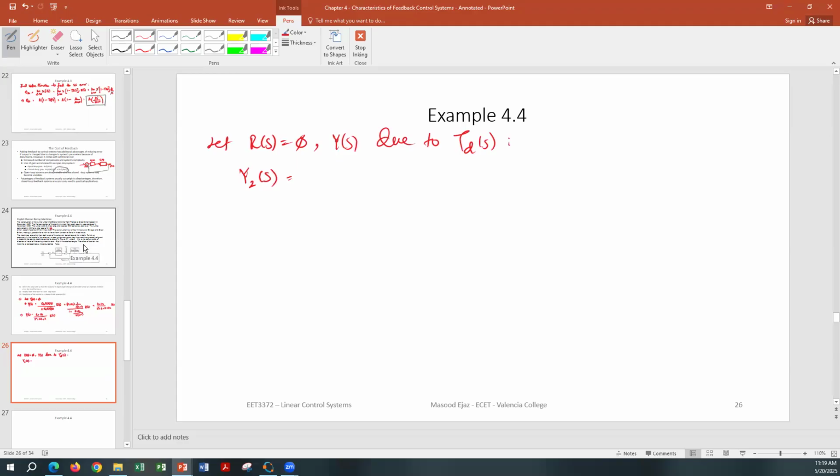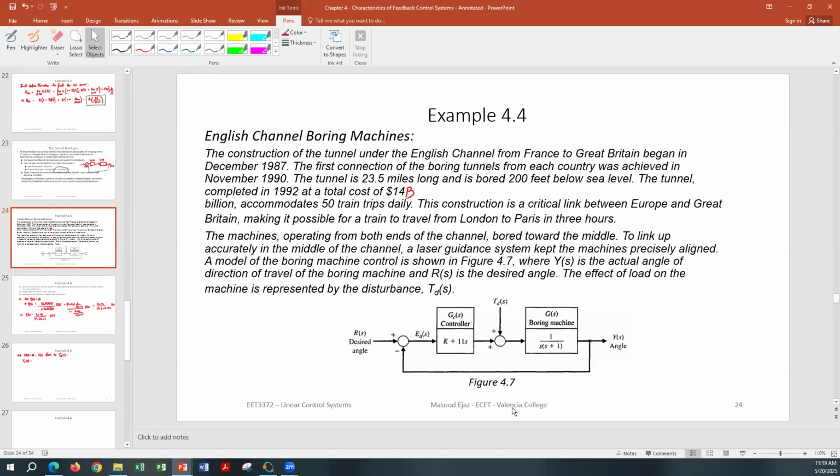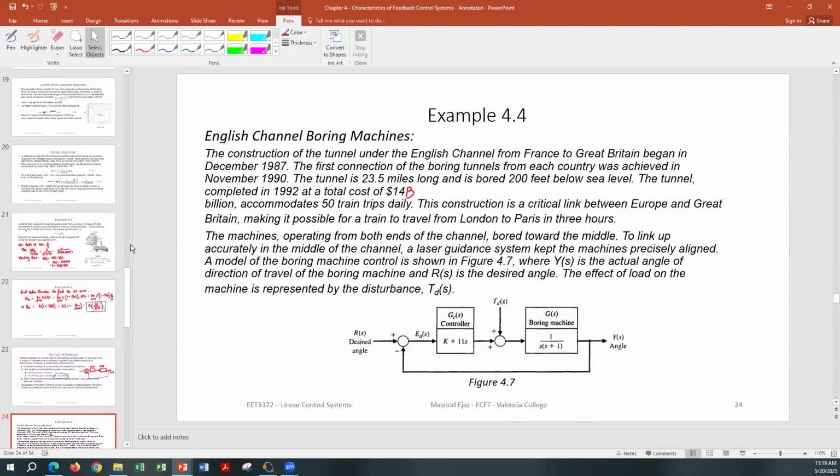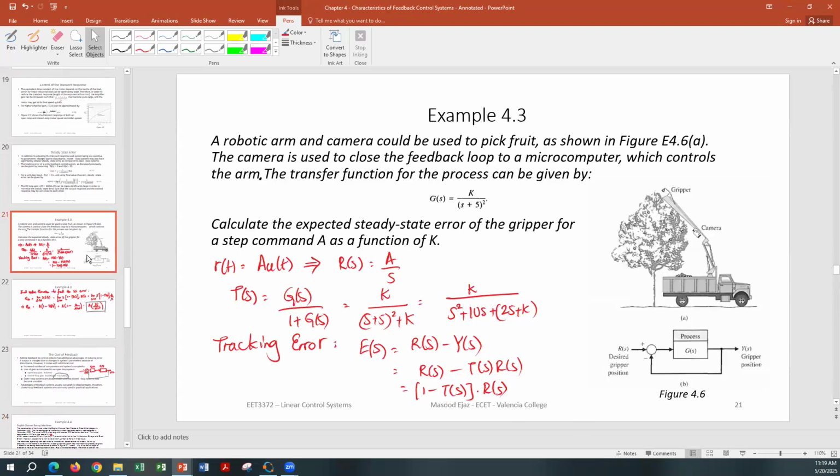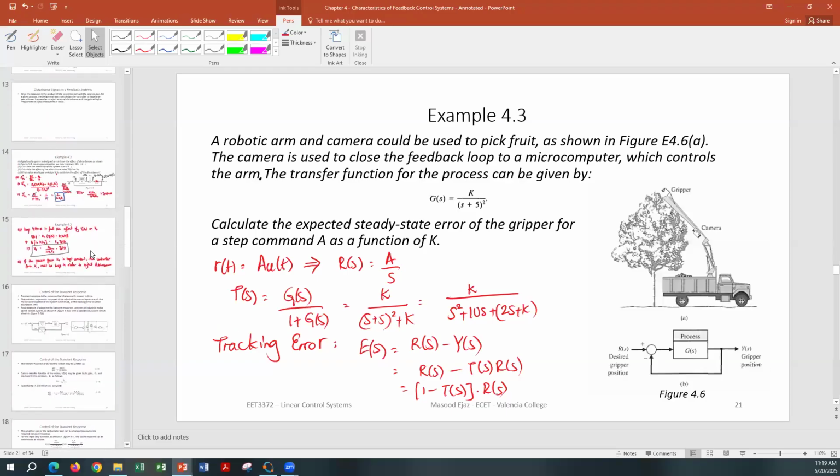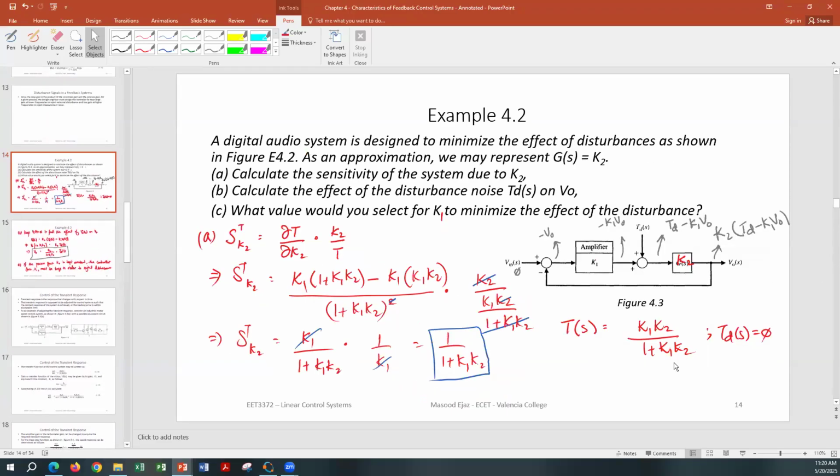Due to TD(s), we already did that several times when R(s) is kept 0. I'm not going to do that again. Let's go back and see where we did that. We did it somewhere right here.